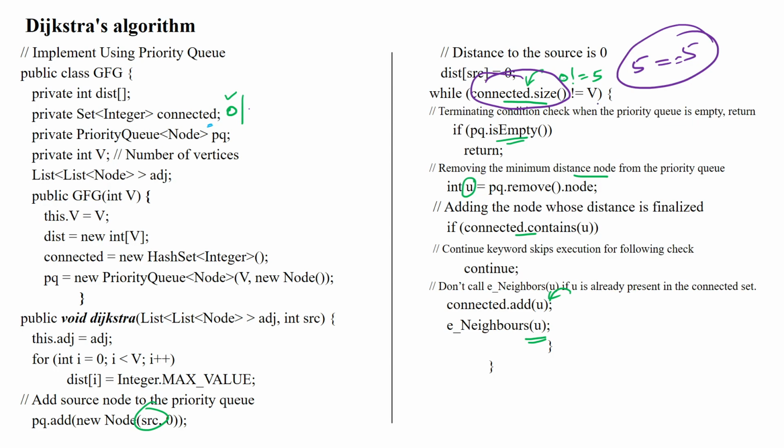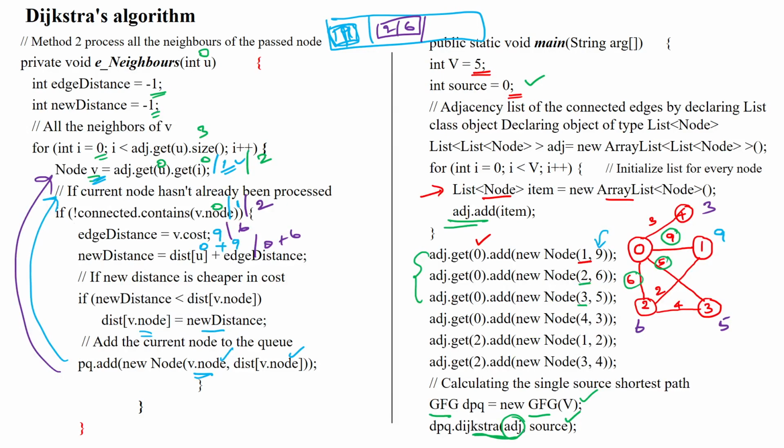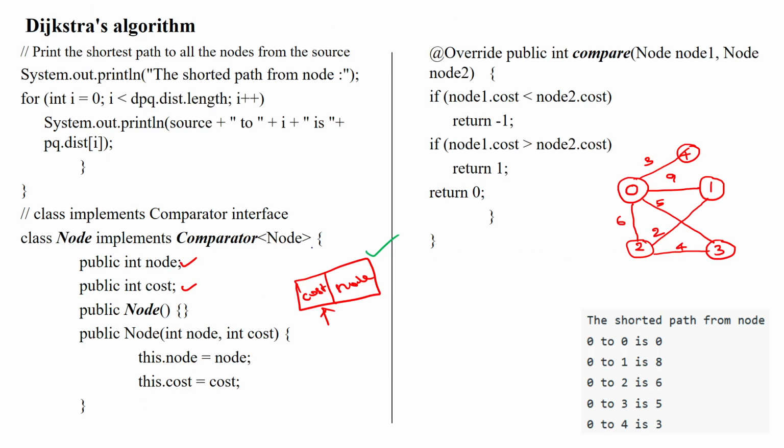Then if it reaches here, the algorithm will be stopped after finding the shortest edges between all the vertices from the source vertex.